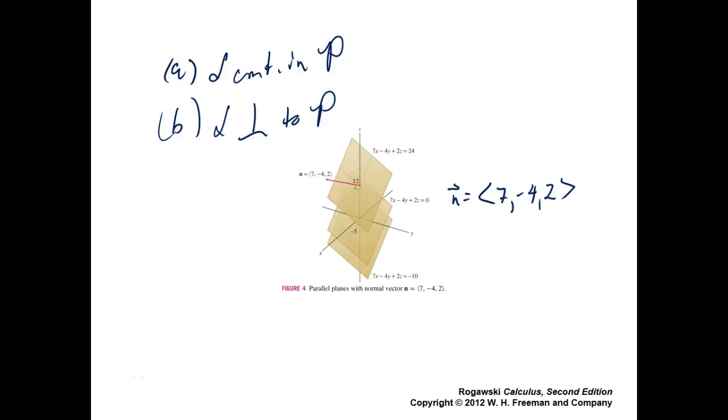So, let's see, how to phrase this. Requiring both of them to go through the origin requires them to have one point in common, okay? Whereas this normal vector here and some vector over here, they're also orthogonal to each other. If you did the dot product, it's zero, but they never cross, okay?